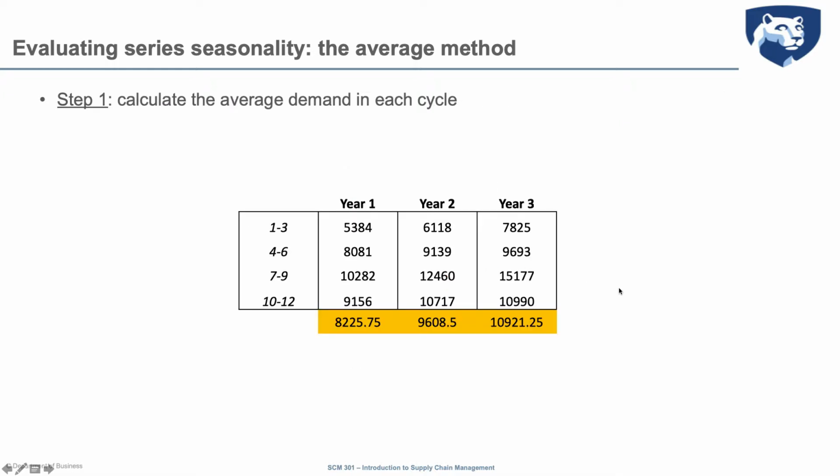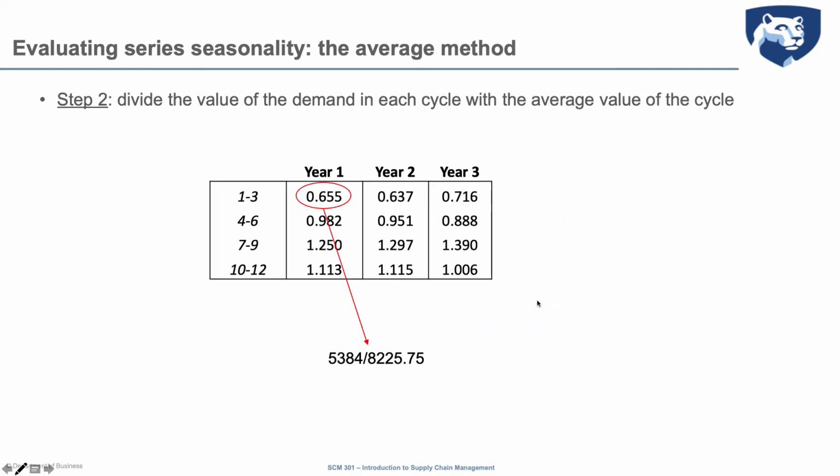Yes, because the average demand in that year was 10,921 and the demand in year 3, trimester 4, is 10,990. So now what you have obtained is that for each period of each cycle, you have a specific seasonality coefficient.